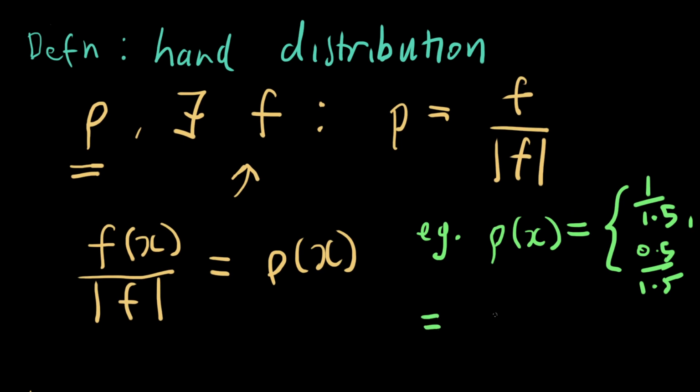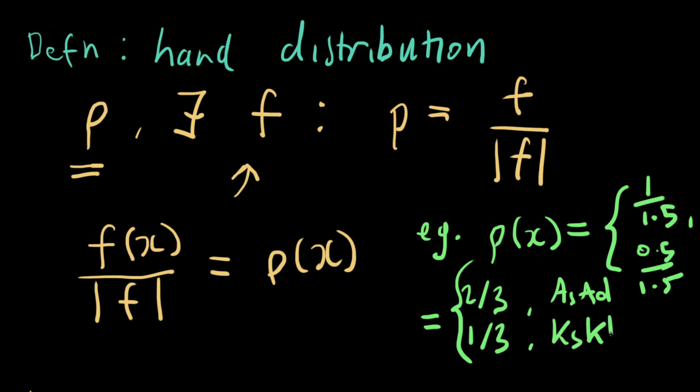So that means it's 2/3 for that combo of aces, ace of spades, ace of diamonds, and 1/3 for king of spades, king of hearts. And then 0 for any other hand.